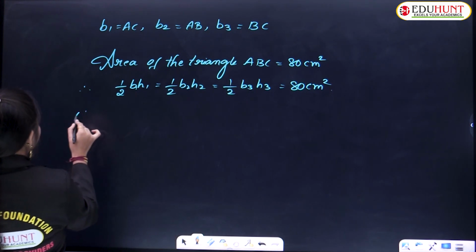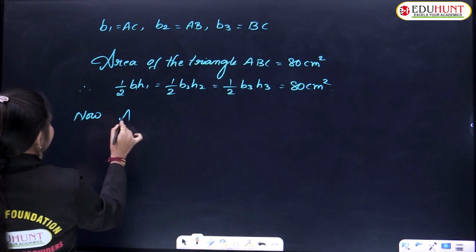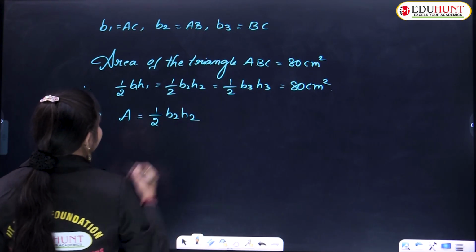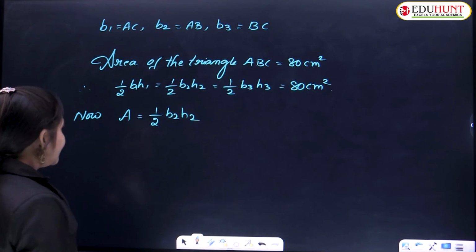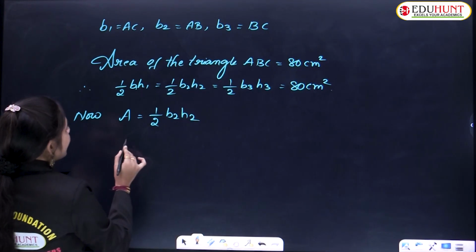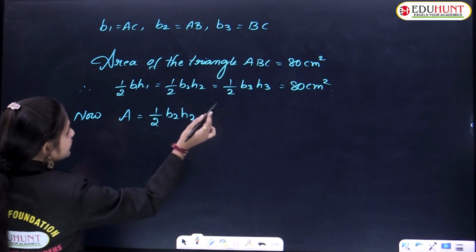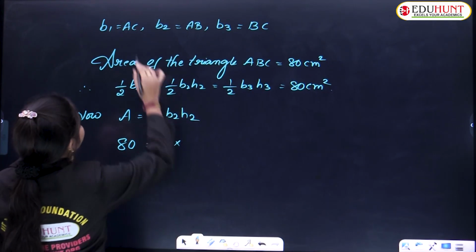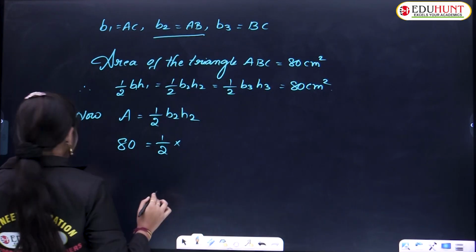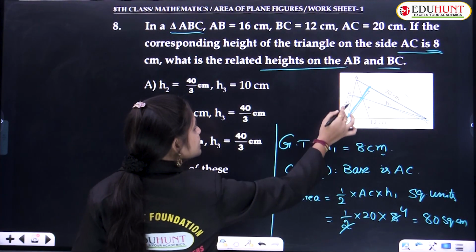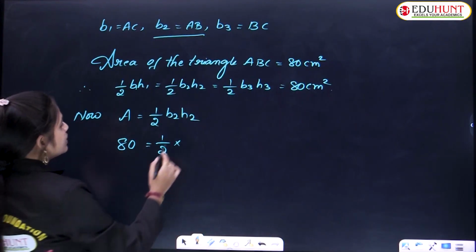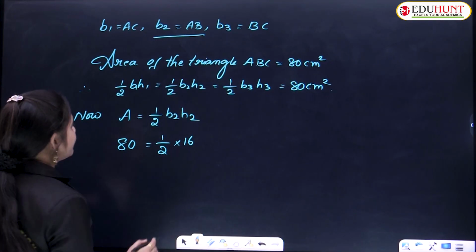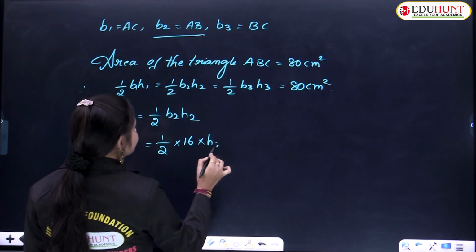Now the area is half B2 H2, to find height 2. Half into base 2, and the area is 80 centimeter square, which is equal to half into B2, and B2 is AB. AB measurement, how much? AB is equal to 16 centimeters. So base 2 is 16 centimeters into H2.